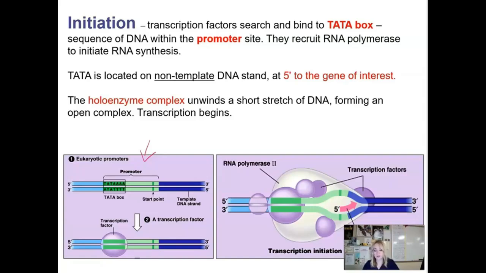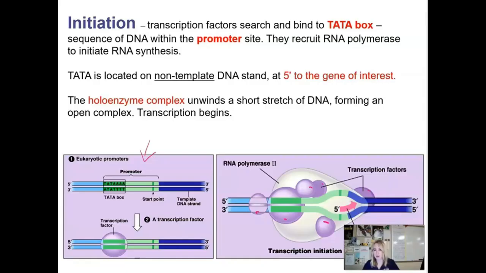So now in this picture we see only a few transcription factors because it's a super simplified drawing. We have 1, 2, 3, 4, 5 here and then 6. But you know what? The reality is this process is so much more complex. We actually have about 80 or more transcription factors.